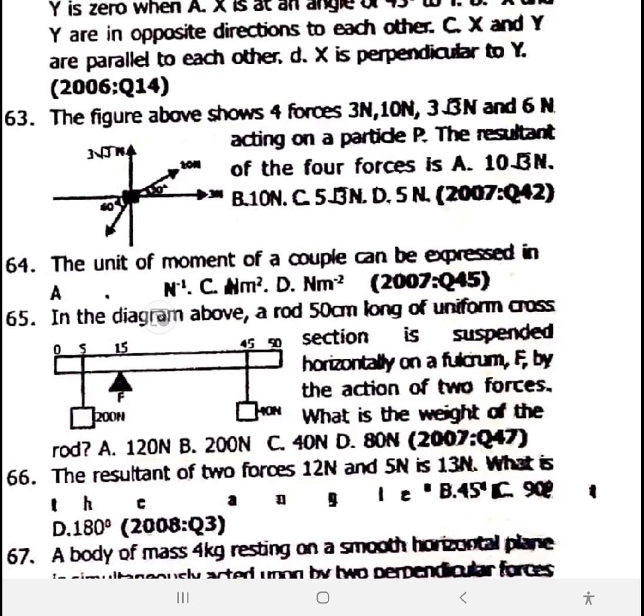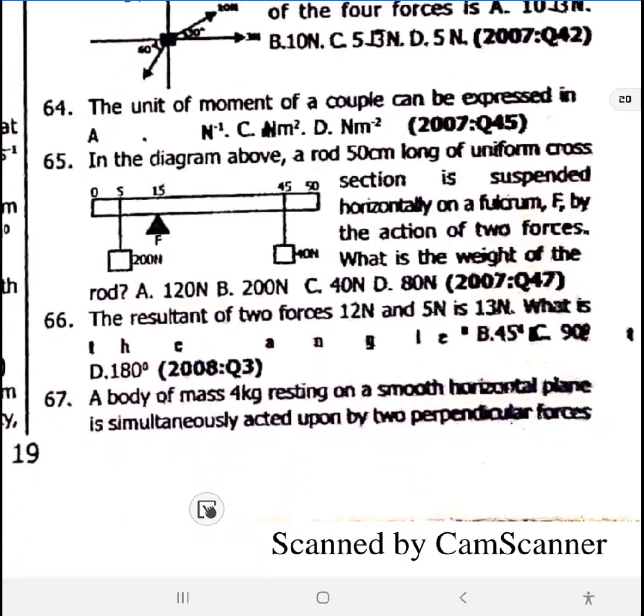Moment is defined as the product of force and perpendicular distance. So Newton meter. One Newton of force and a distance. It's not even here, but I think it's supposed to be option A. Because this one they say square, no, it's not supposed to be square. It's supposed to be option A, but it's not clear.